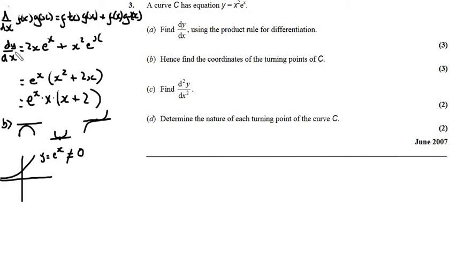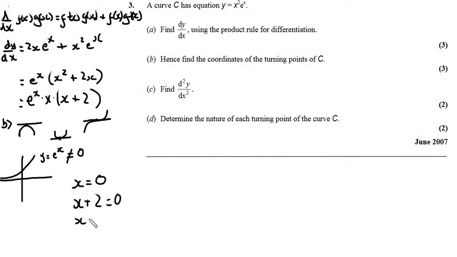So the derivative of this function, e to the x times x plus 2, is only going to equal 0 at 2 points. It's going to equal 0 when x equals 0, because e to the x times 0 times this is just 0, and it's going to equal 0 when x plus 2 equals 0.